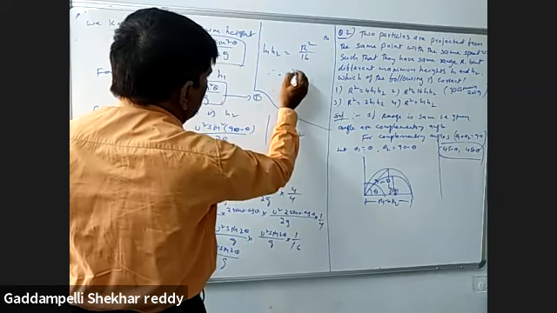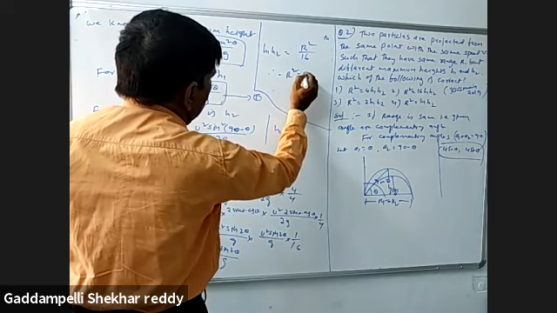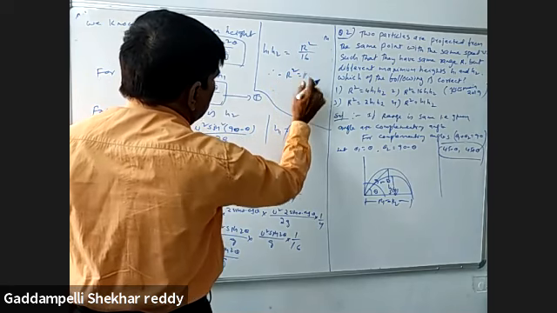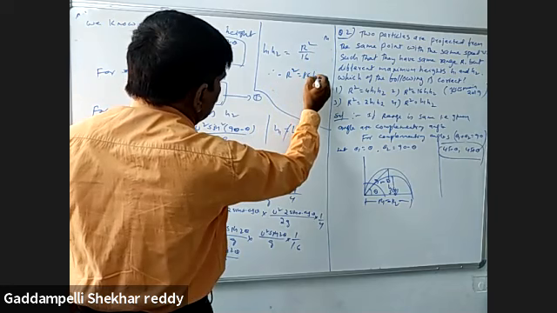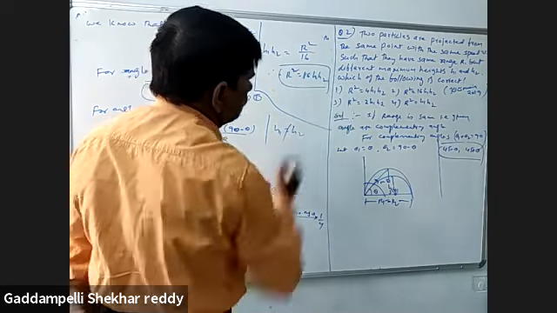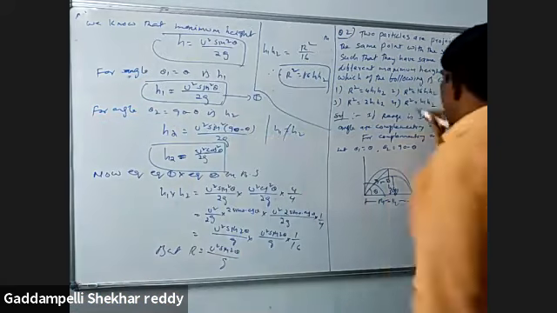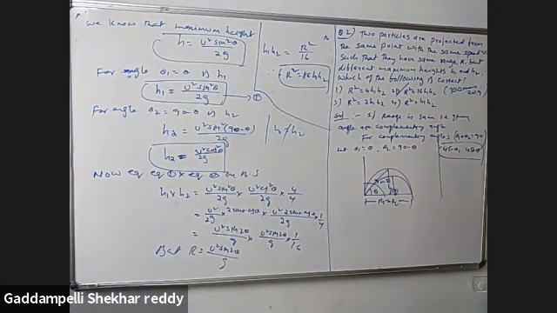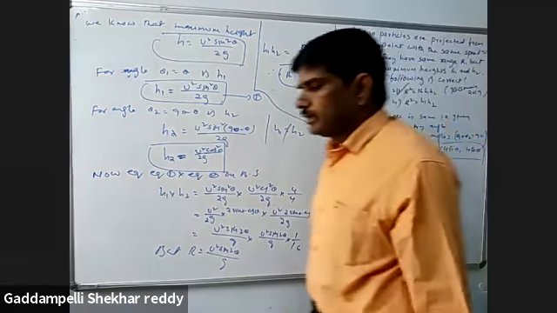Therefore R square is equal to 16 into h1 h2. Which is the correct relation? The second one. So this is the correct answer.